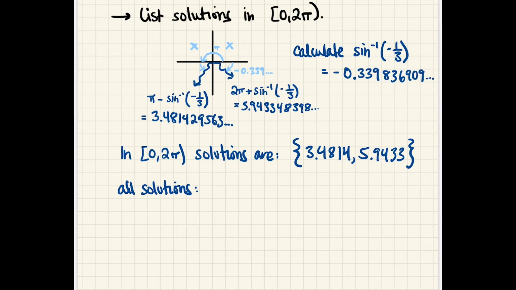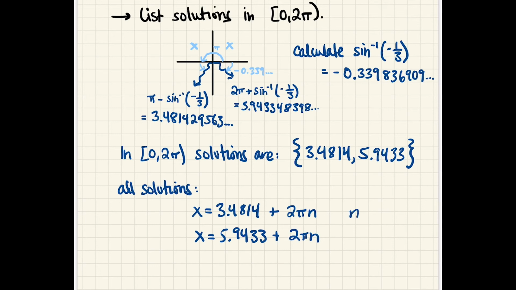Now, there's no hope that these are evenly spaced, so we're just going to need two independent statements. And we'll say that x is equal to the first one, 3.4814, plus everything coterminal to it, and x is equal to the other one, 5.9433, plus everything coterminal to it. Again, stipulating that n is an integer.